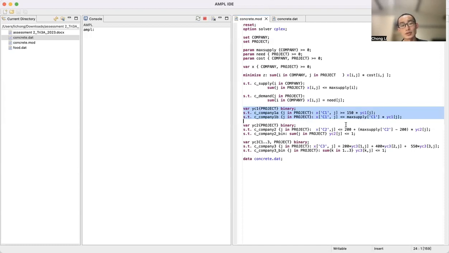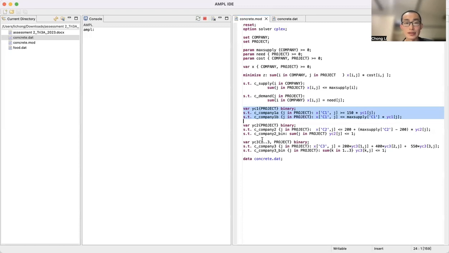And for the second line, company one, project j, for every project j, the quantity of concrete supplied to this project is smaller than the maximum supply of C1.